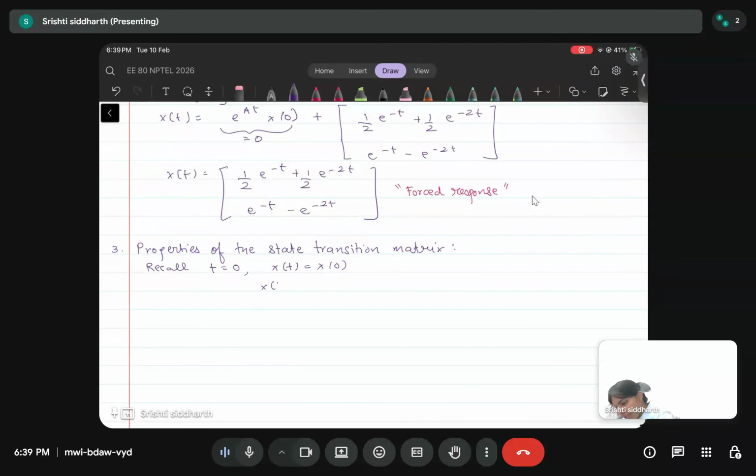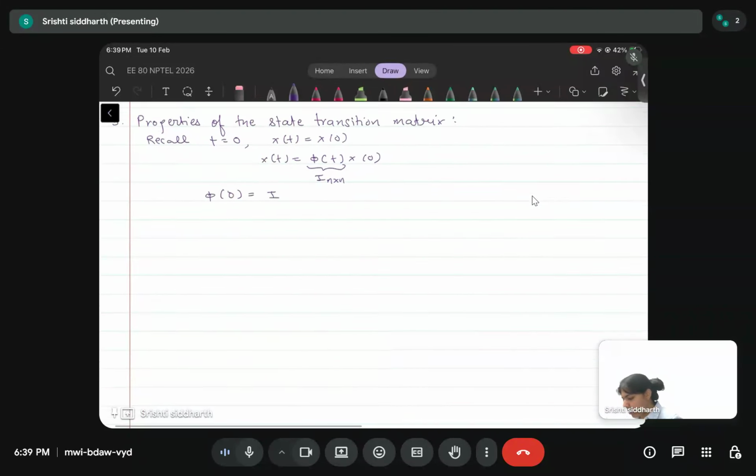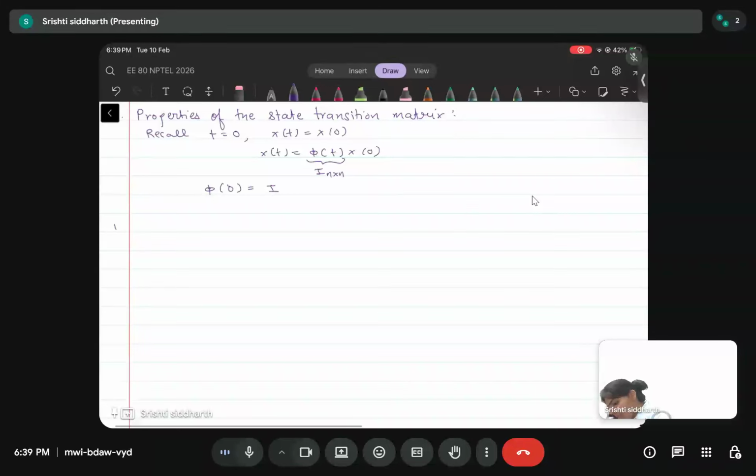So in general, x(t) is phi(t) times x0. So this must be the identity of size n by n. So this is the first property, that phi(0) is identity. I'll list down the properties of the state transition matrix.